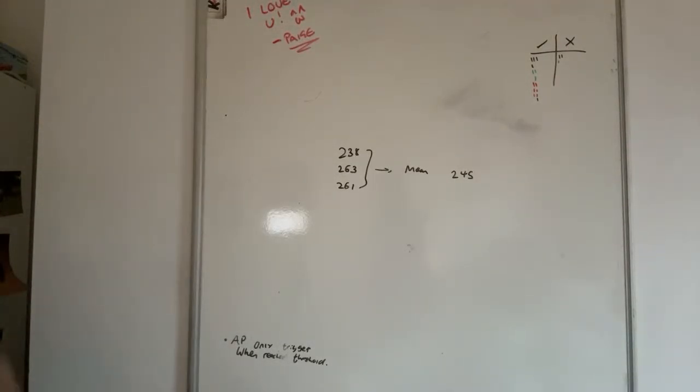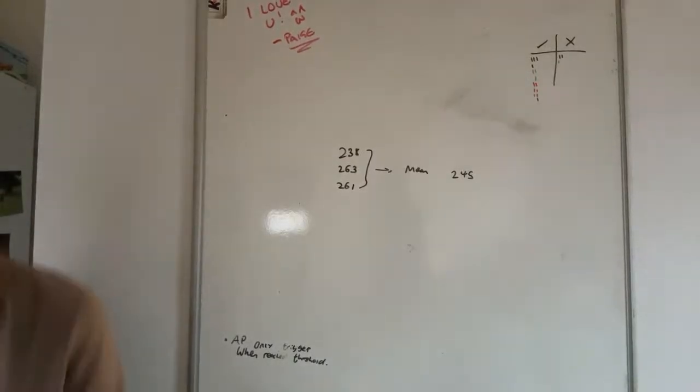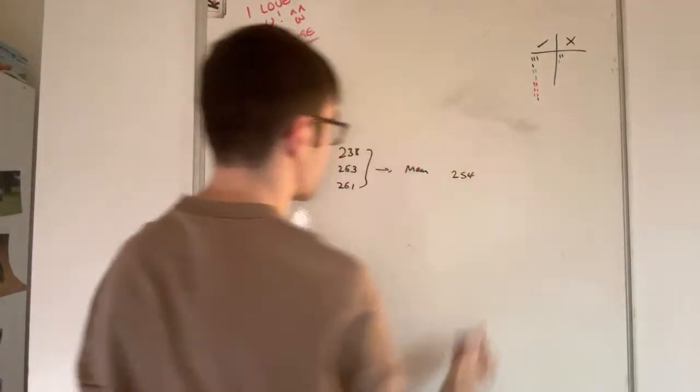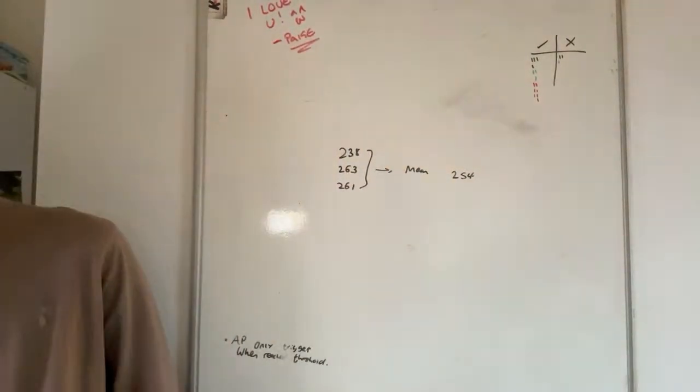I kind of can't be asked. Why is this calculator so bad? 254. Okay, I got both numbers mixed up. Okay, so that's the mean.